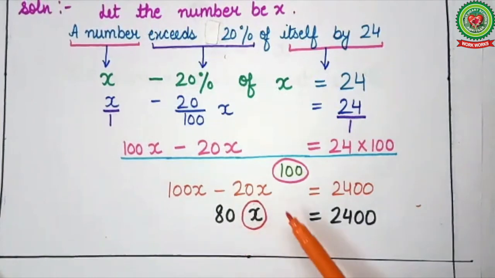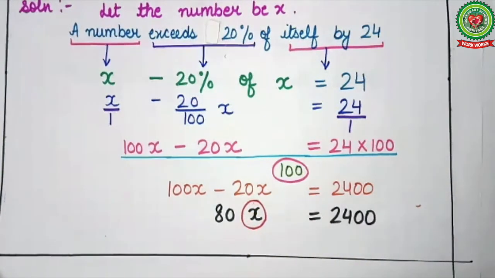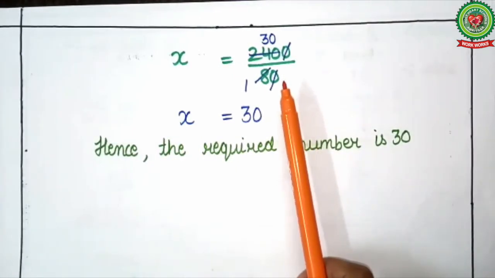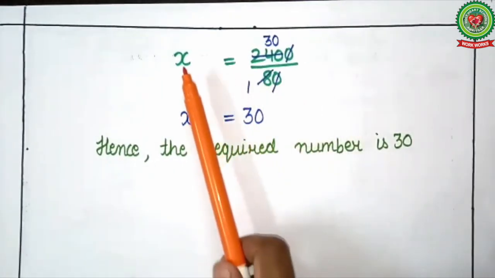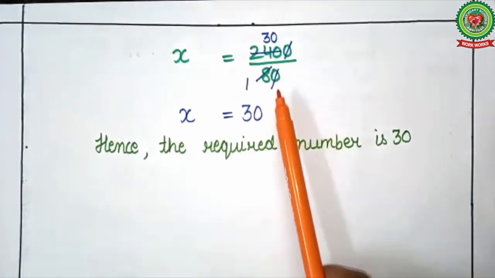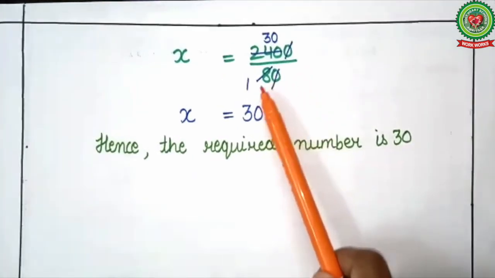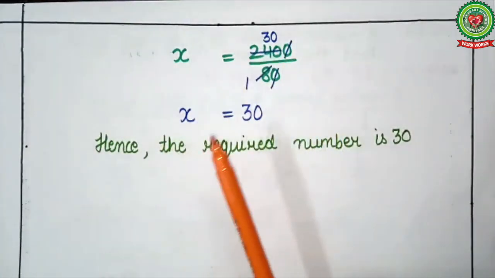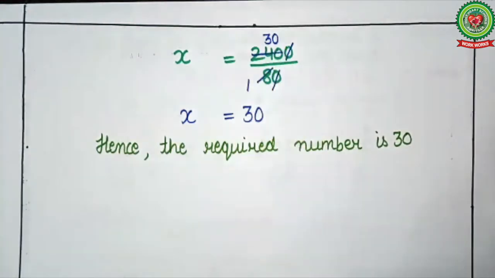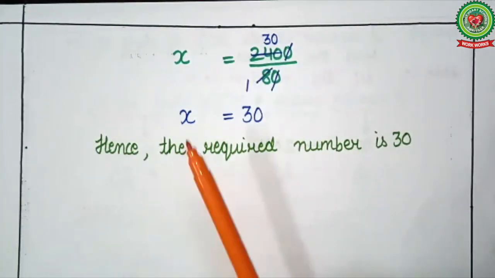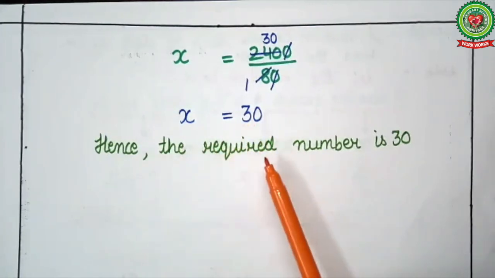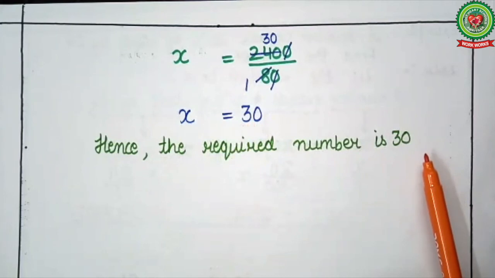Now lock the variable. Here 80 will go towards the other side with the sign of divide. So here it comes, x equals to 2400 upon 80. 0 cut by 0. In the table of 8, 240 will come at 30. So x equals to 30. Hence the required number is 30.